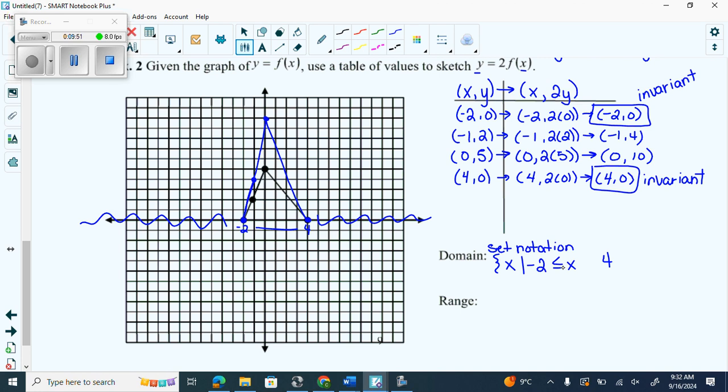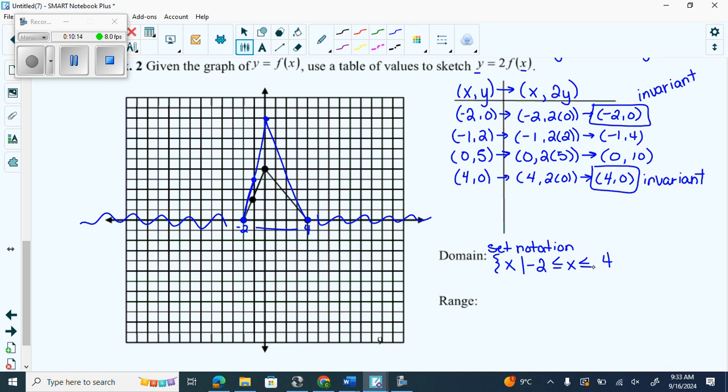Is it less than 4 or greater than 4? It's less than, so I close it to it. So do you see that the actual inequality signs are going the exact same direction? A lot of people think that means they're both less. No, because you're reading from the x. X is greater than or equal to -2, so it's open. X is less than or equal to 4. If you always put low to high, you can just put them in the same direction.